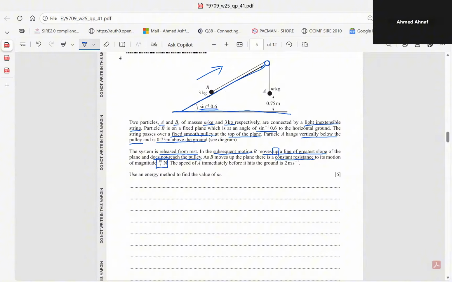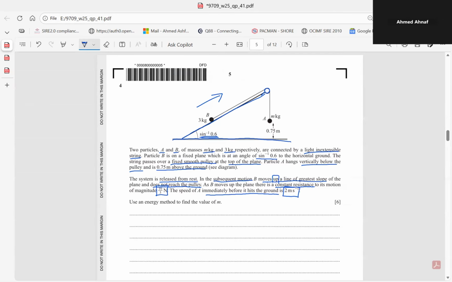And the speed of A immediately before it hits the ground is 2 meters per second. Okay, so A is moving downwards and B moves upwards. And right before it hits the ground, speed was 2 meters per second.